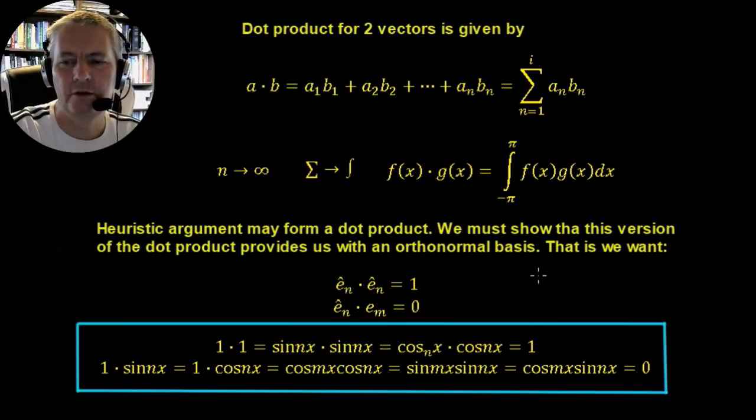So that is that we want to ensure that en hat dotted with en hat will equal 1, and the en hat dotted with em hat will equal 0. Now our ens and our ems here in this case are our basis vectors.